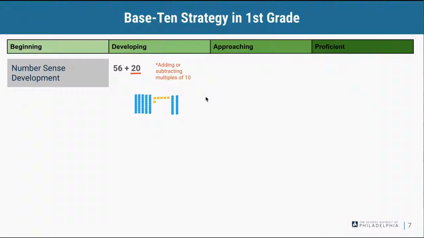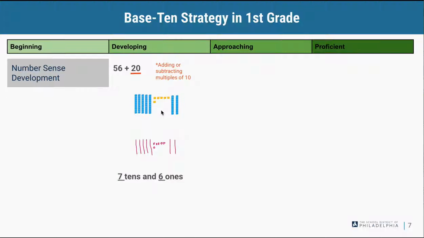Once students are comfortable with these physical materials, they then will represent this same math using drawings that are more representational. So here it's the same math, but we have lines representing the 10 rods and circles representing the ones cubes. Another representation they use in the developing stage is describing numbers as blank tens and blank ones.